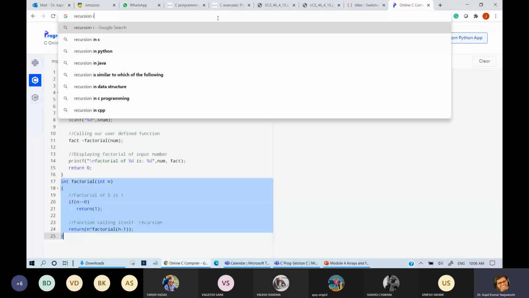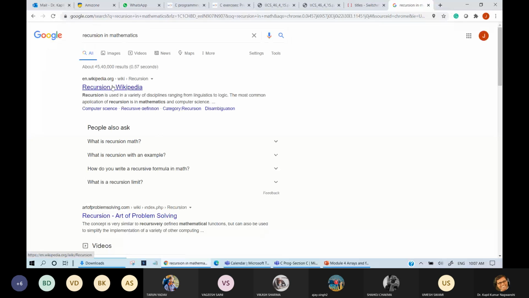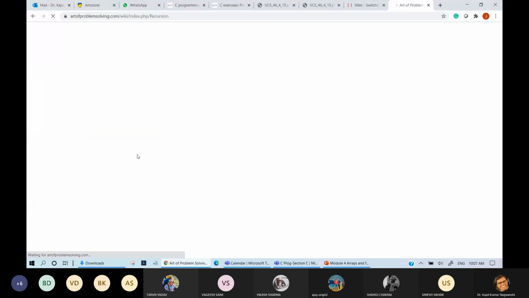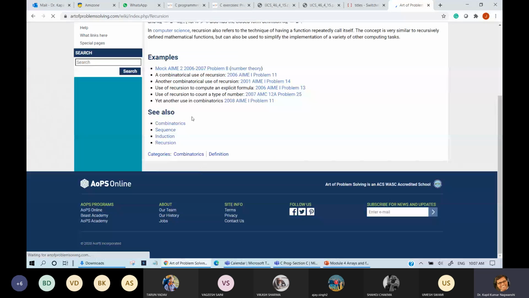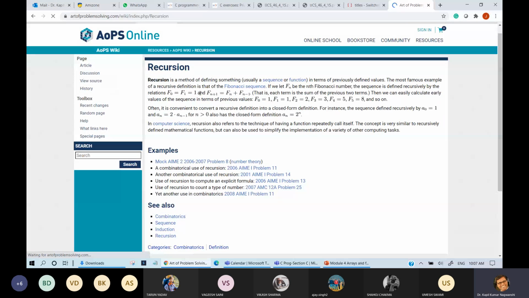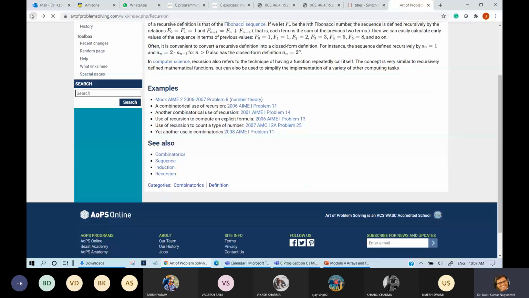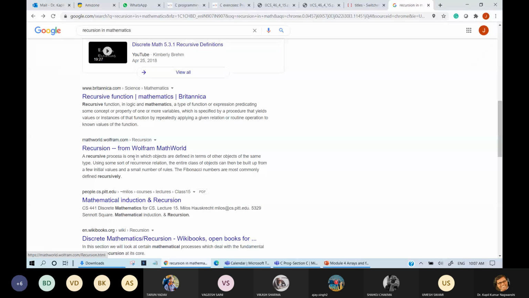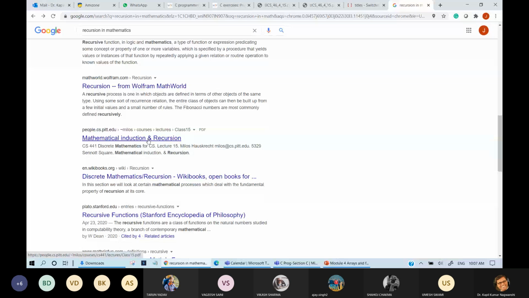I'm showing you recursion in mathematics. This is also given like induction and all, but not the whole recursion.